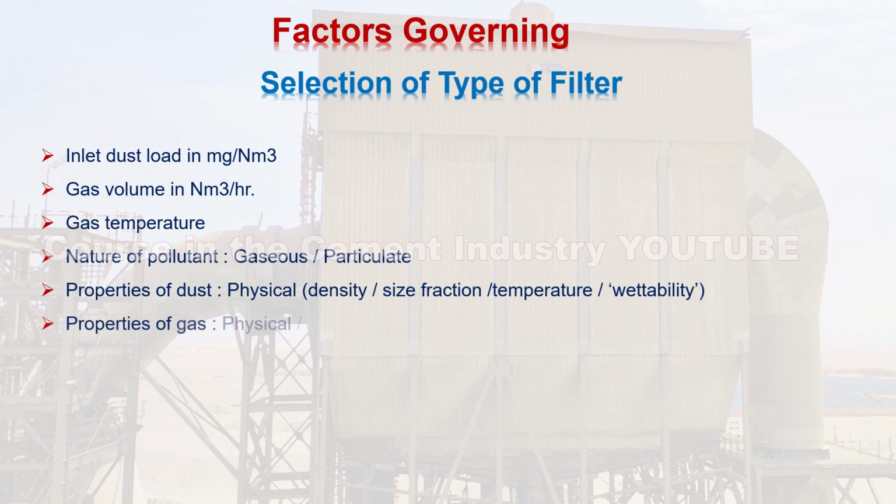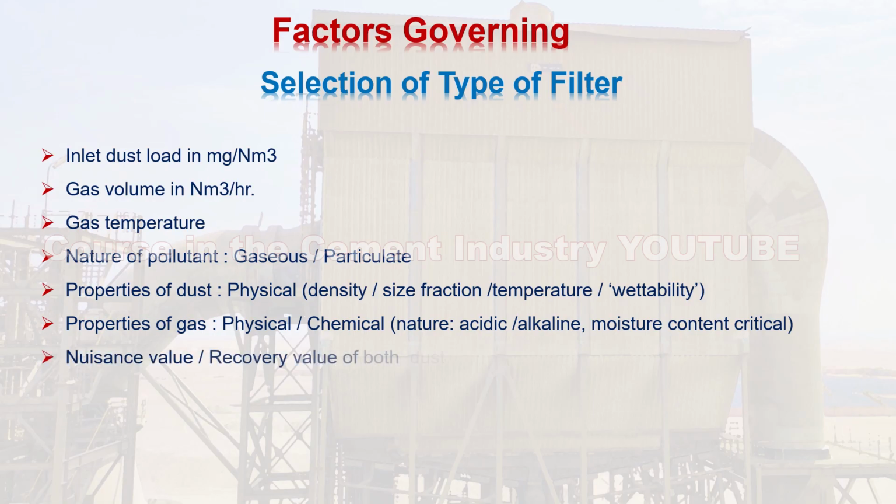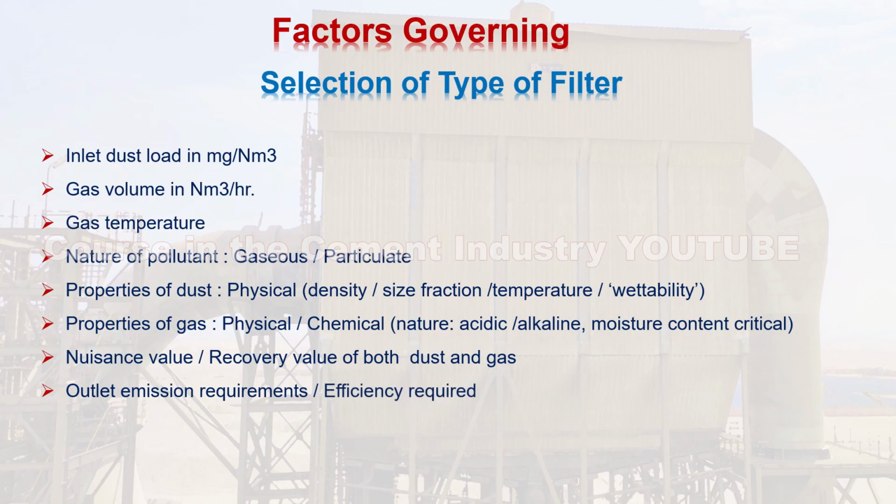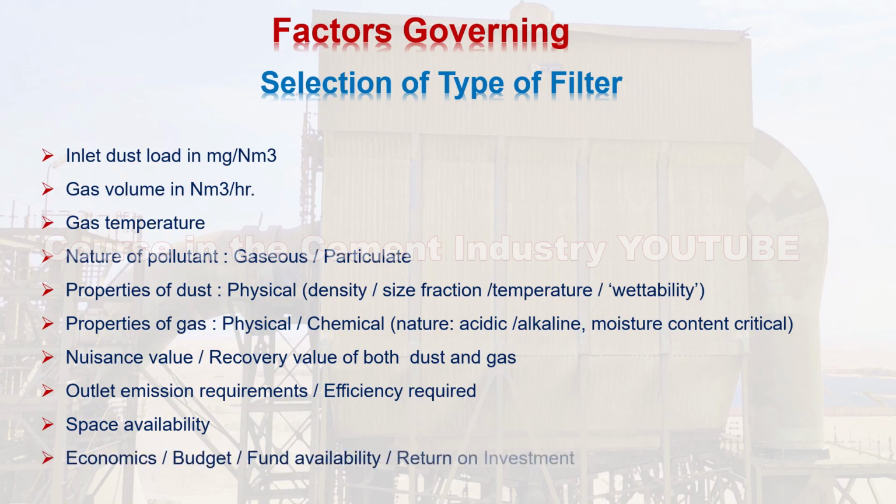Properties of gas, physical and chemical, such as nature, acidic, alkaline, moisture content critical. 7. Nuisance value and recovery value of both dust and gas. 8. Outlet emission requirements and efficiency required. 9. Space availability. 10. Economics, budget, fund availability, return on investment.